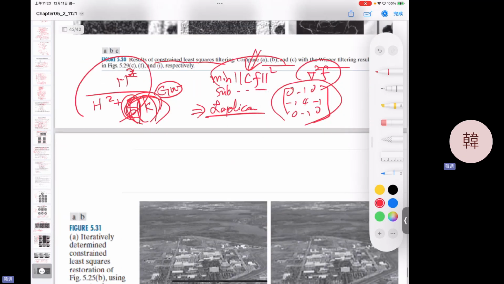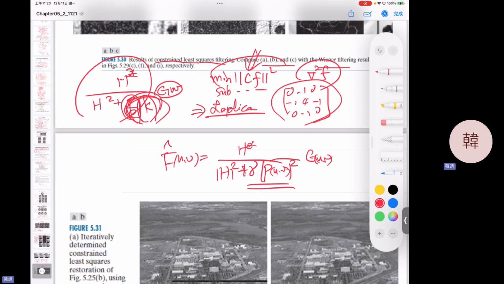So here they define it like this: F hat equals H star over H squared, |H(u,v)|^2, plus gamma, where gamma is also the Lagrange multiplier, and Q becomes P(u,v) squared. Originally for the Wiener filter, we take the inverse of the SNR, signal to noise ratio, upside down, and now we are going to change this one to this filter. P(u,v), P is the Laplacian Fourier transform.